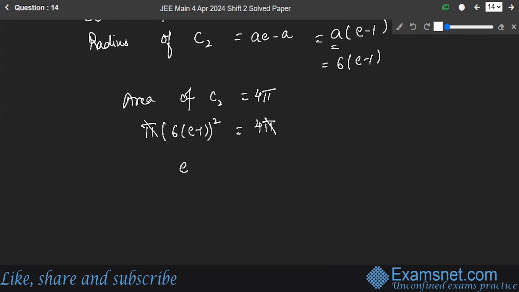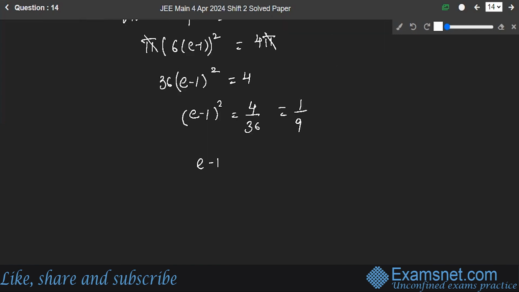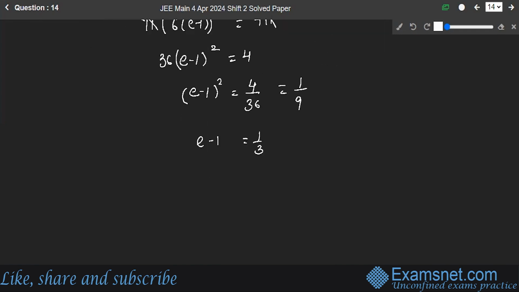So you will have 36 into (e minus 1) whole square is equal to 4, or (e minus 1) whole square is equal to 4 upon 36, which is 1 by 9, which gives you e minus 1 is equal to 1 by 3. I'm taking the positive value because we are moving towards the positive side of the axis. So e will be equal to 4 by 3.